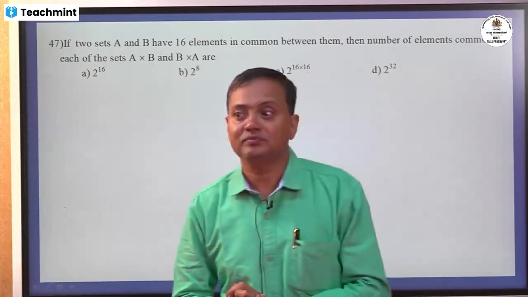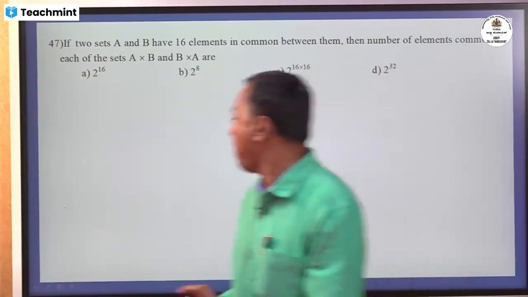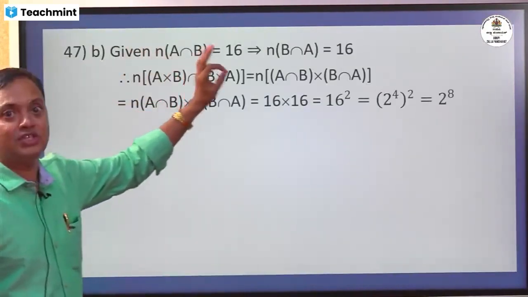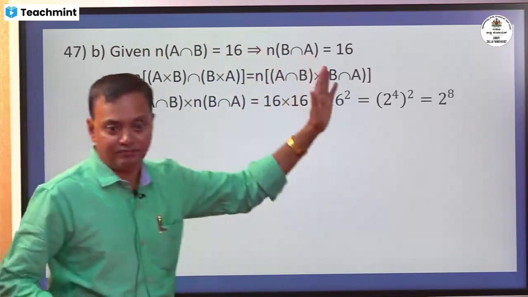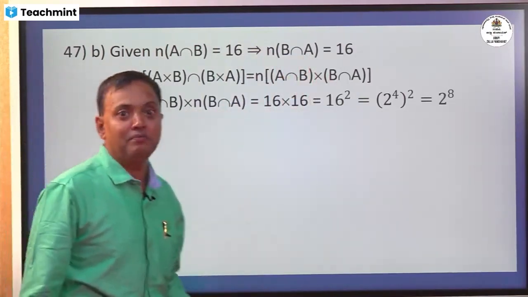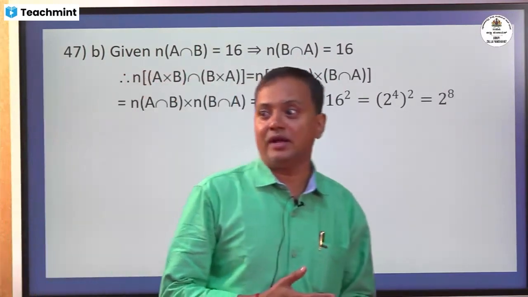So we know n of A cross B, correct? Here n of A intersection B is 16 elements. Similarly for B intersection A. So n of A intersection B is equal to n of B intersection A, correct?